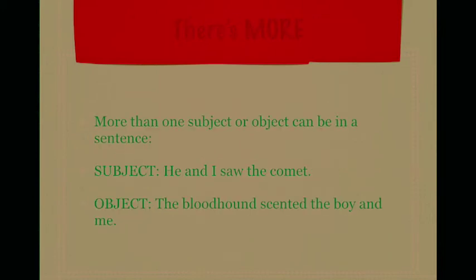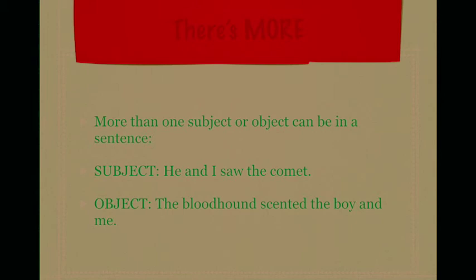And there's even more. This is really simple, but it should be said. More than one subject or object can be in a sentence. I'm sure you're thinking, well, duh, Miss Thomas, I knew that. That's fine if you knew that. Just laying it out there. Our subject here: He and I saw the comet. So we know that he and I are the subjects because we're the ones doing the seeing of said comet.